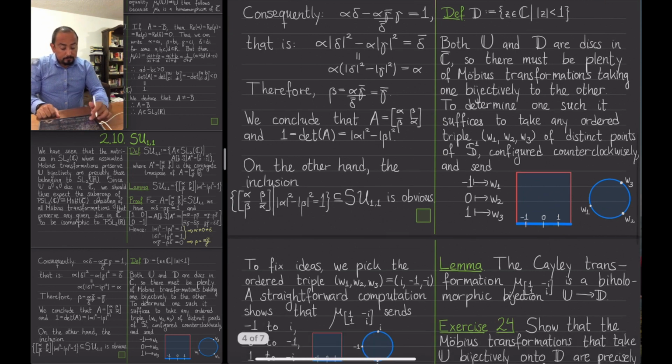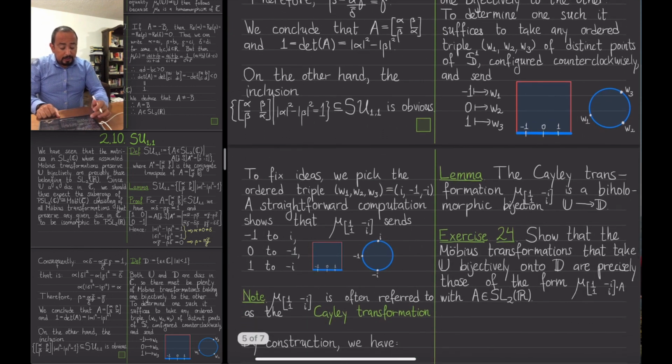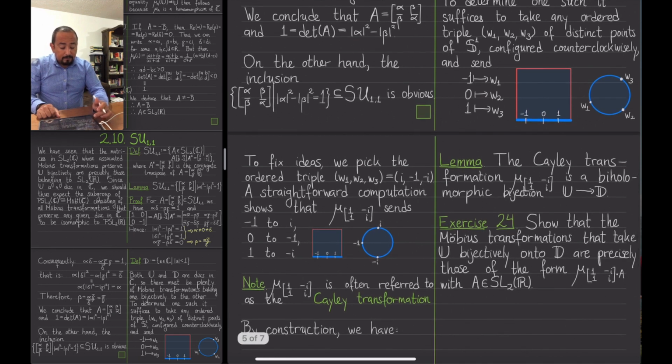The exercise claims that once you have one Möbius transformation that does the job, you can obtain all the others by multiplying the Cayley matrix with any element of SL2R on the right, or composing the given Möbius transformation with mu A for A running arbitrarily in SL2R.